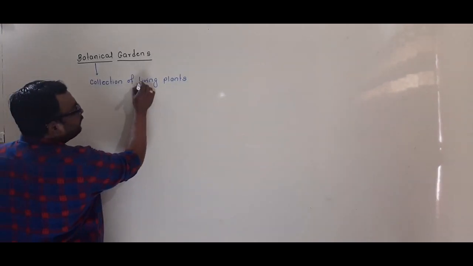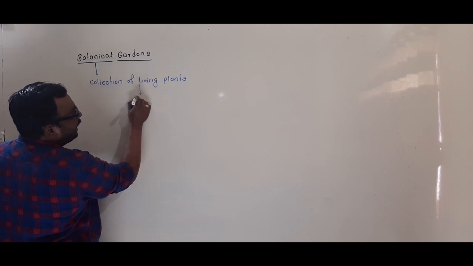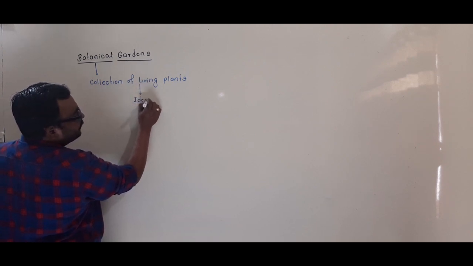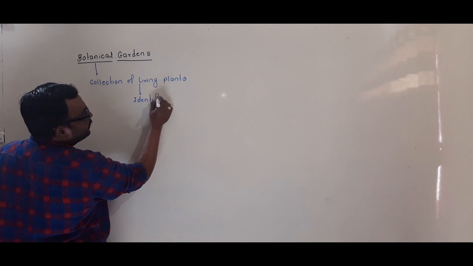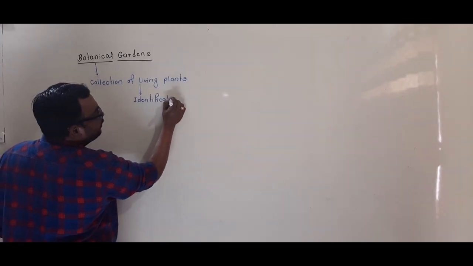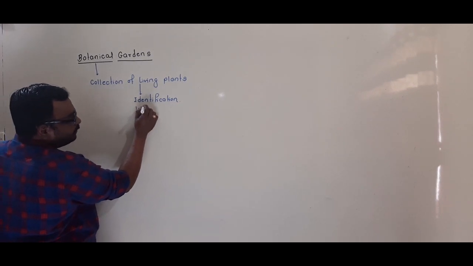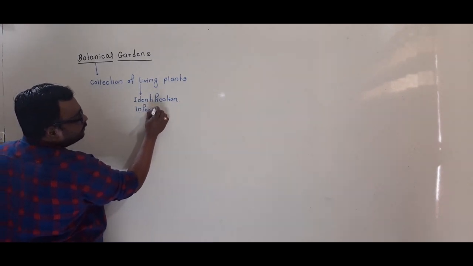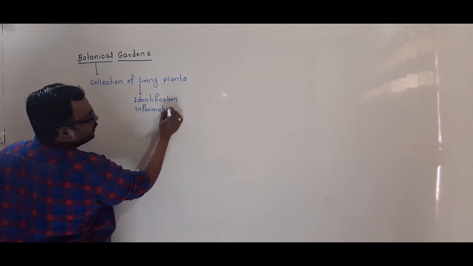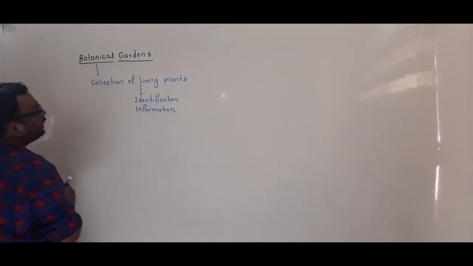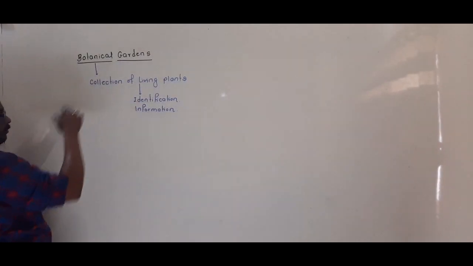This collection of living plants is done for identification purposes. And another point you have to remember: whenever there is a living plant, some information regarding this particular living plant is also mentioned along with it in tag form. So you can consider a collection of living plants to be called a botanical garden.